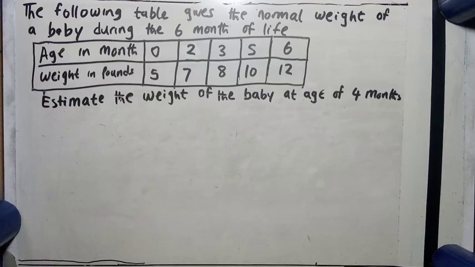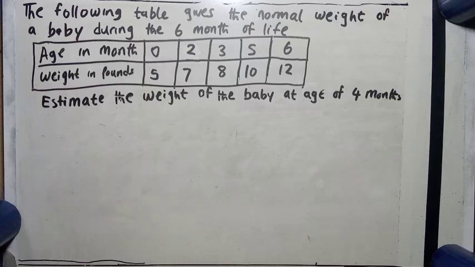Age in months is 0, while weight in pounds is 5. When the baby is 2 months old, the baby's weight is 7 pounds. When the baby was 3 months old, the weight was 8 pounds.